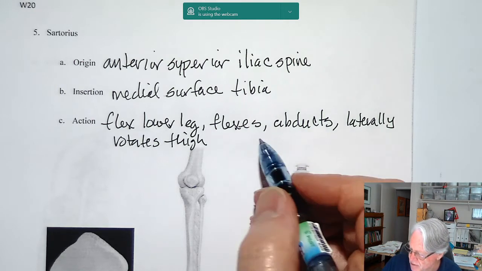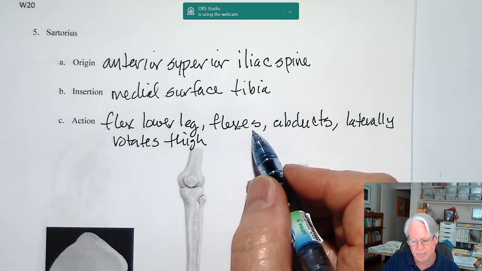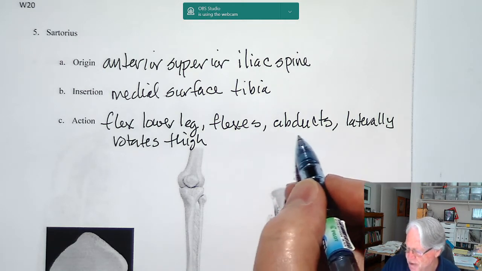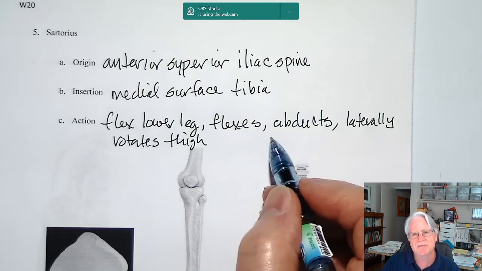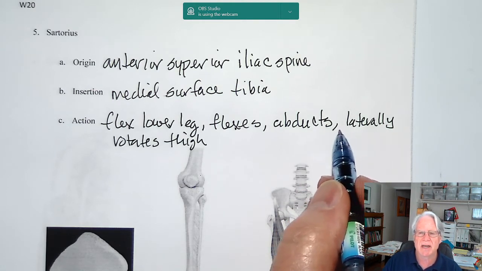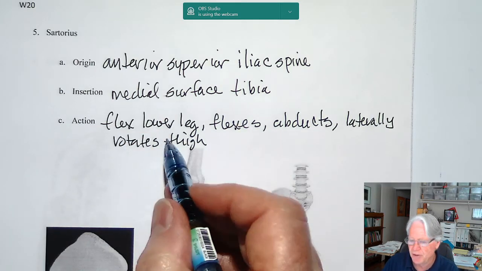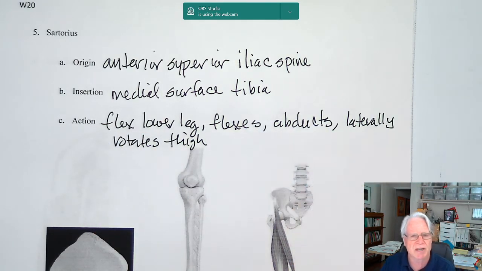And then flexing the thigh means that the thigh comes up towards your head. And then abducting, moving the thigh away from midline, and laterally rotating it so that the knee is rotating away from midline. If you put all of these movements together, you cross your leg.